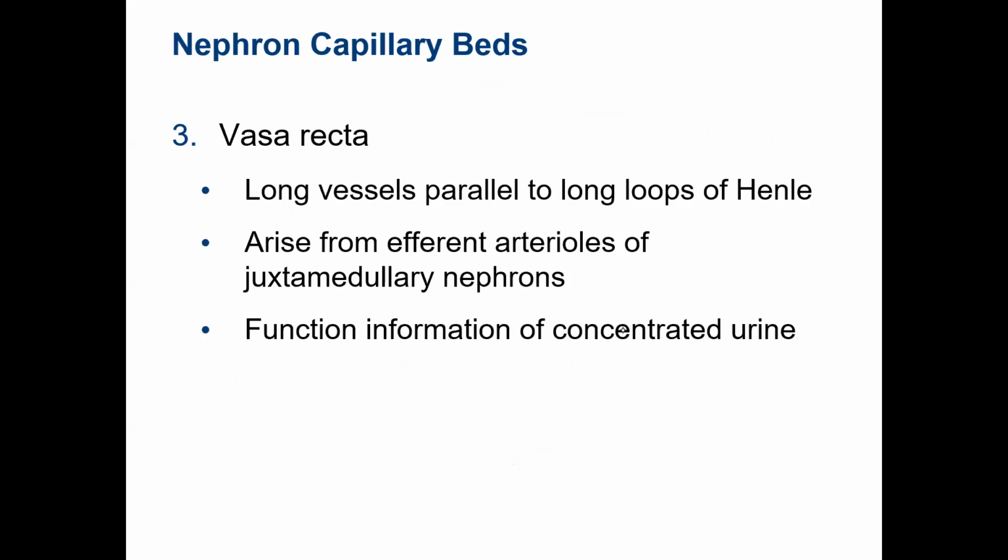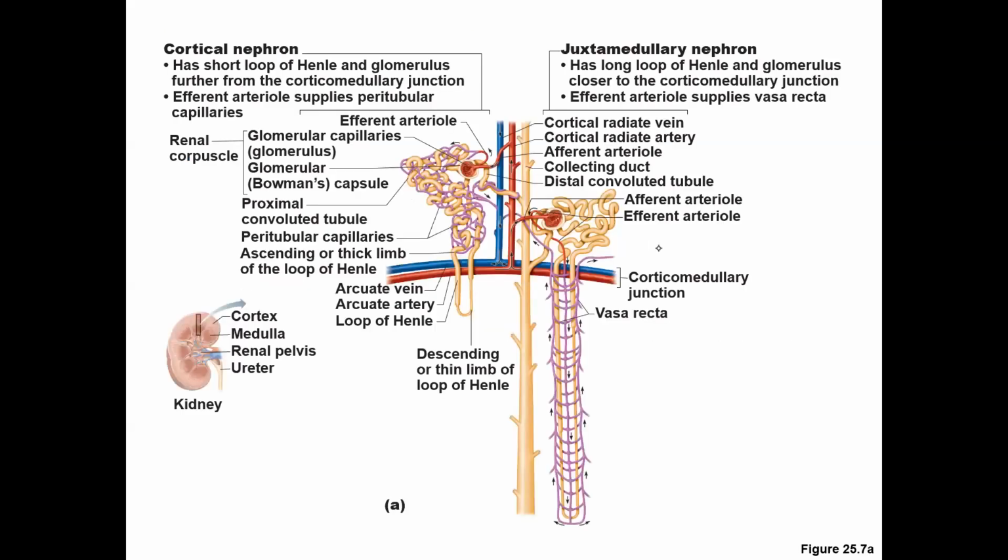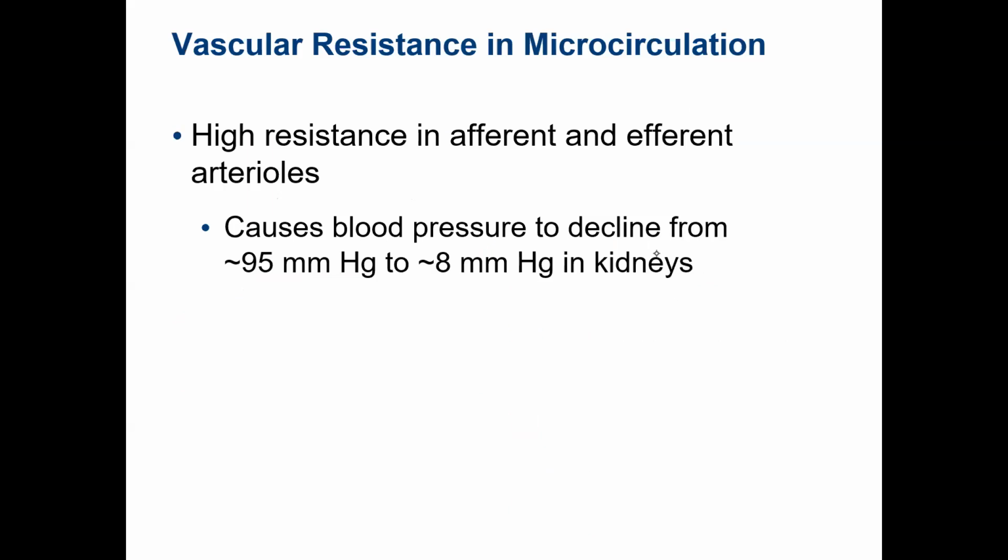The vasa recta, again, around the loop of Henle, are involved in concentrating urine. Picture again. Lots of pressure here, but resistance will bring it down.